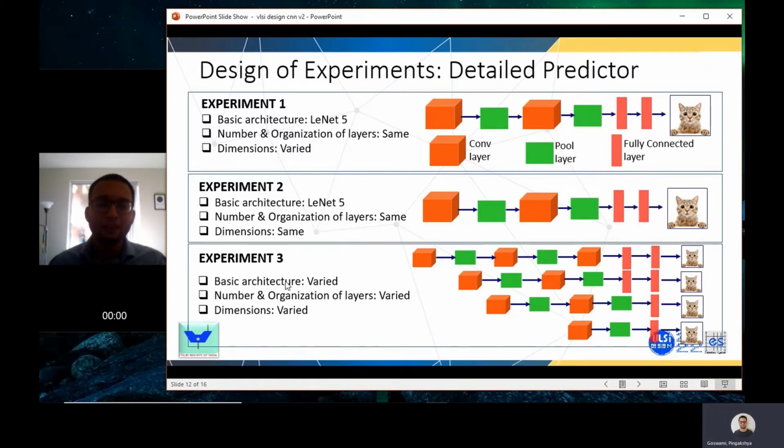In the third experiment, we varied everything, and tested on 4 different CNN architectures containing varying numbers of convolution layers, pooling layers, and fully connected layers.